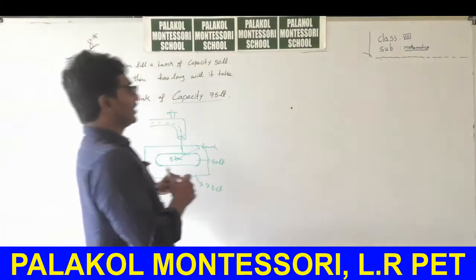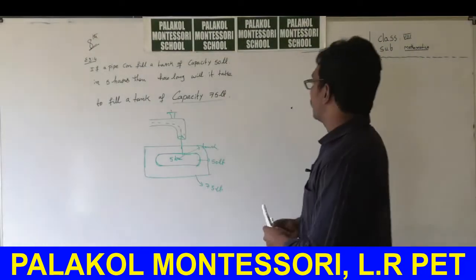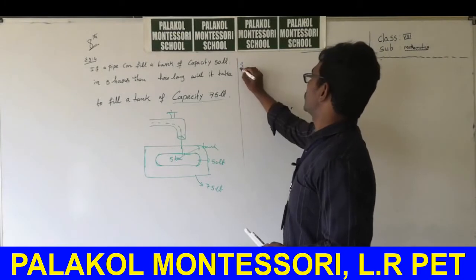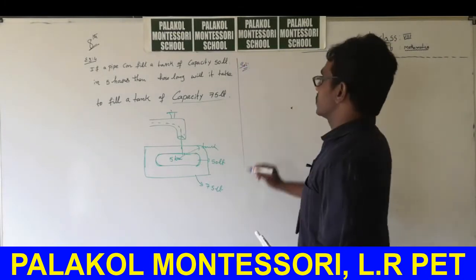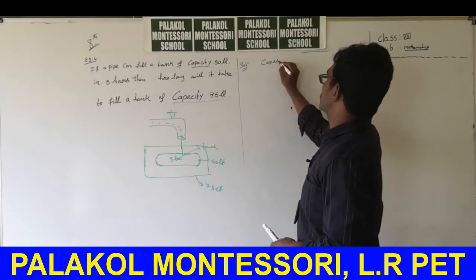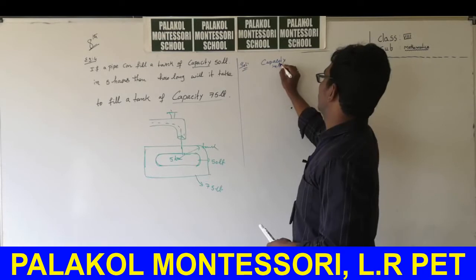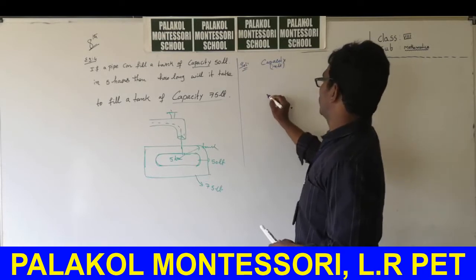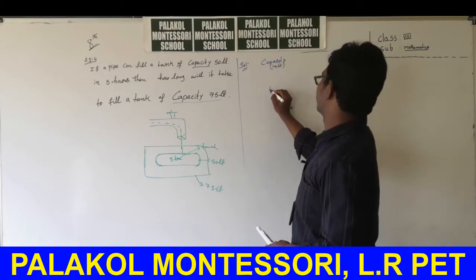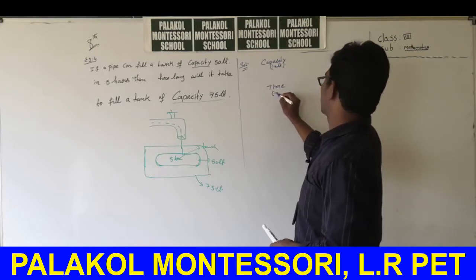Okay, first you write how you frame the table. Just one small table solution, guys. First write capacity in liters, next time in hours.